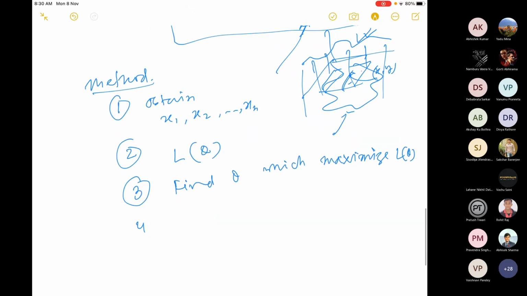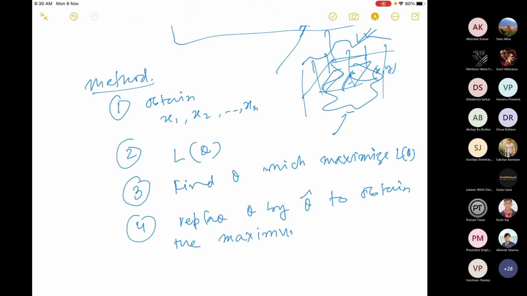Then you replace theta by the function form, the theta hat, to obtain the maximum likelihood estimator for theta.